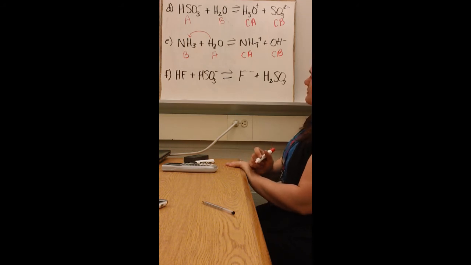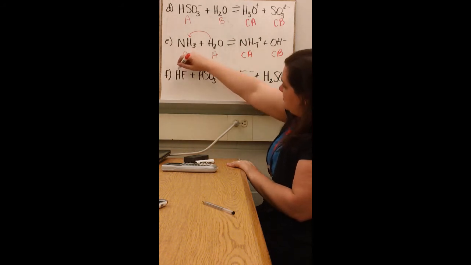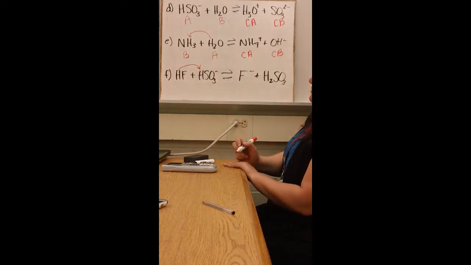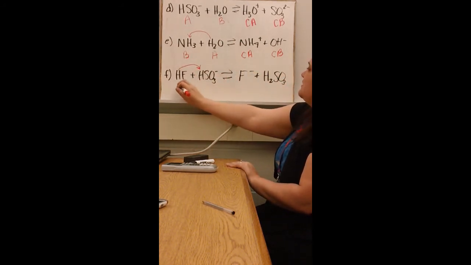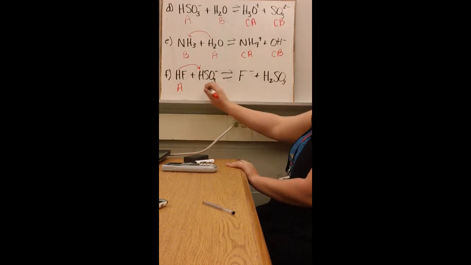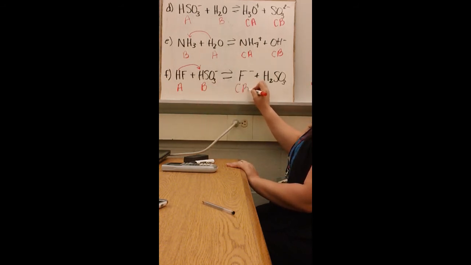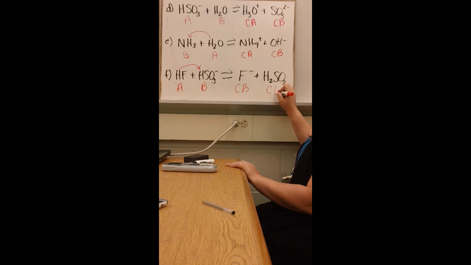In the next problem, we see HF, and then we see F- by itself. That must mean that HF gave away its hydrogen. So if HF gave away its hydrogen, it's the acid. HSO3- gained a hydrogen, so that's the base. Then the acid becomes the conjugate base, and the base becomes the conjugate acid.